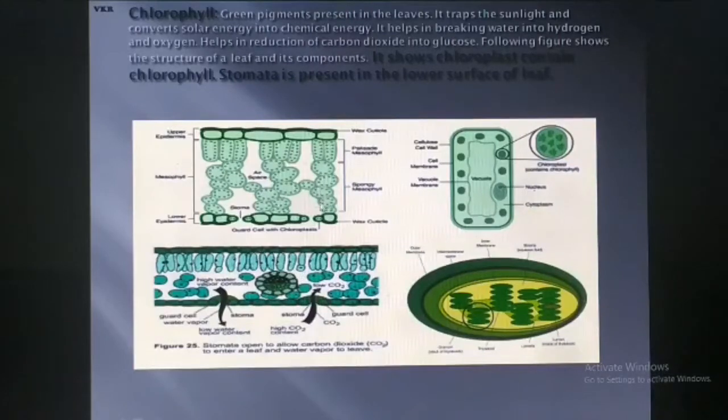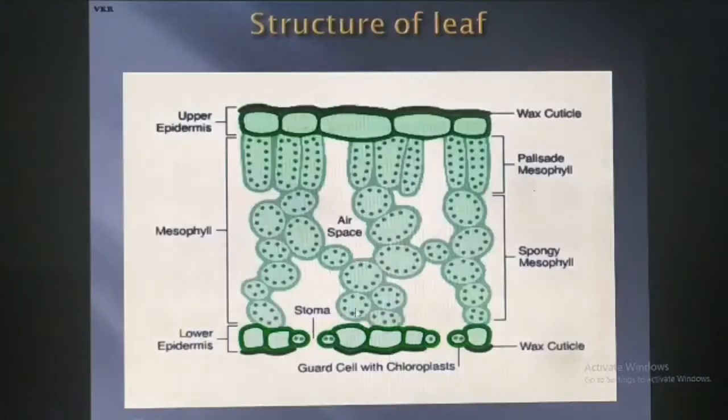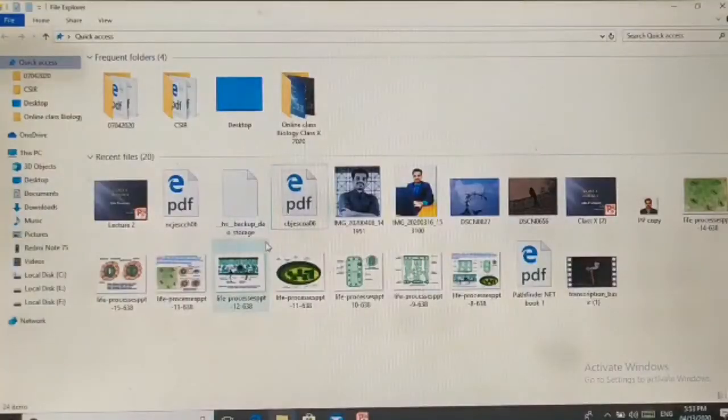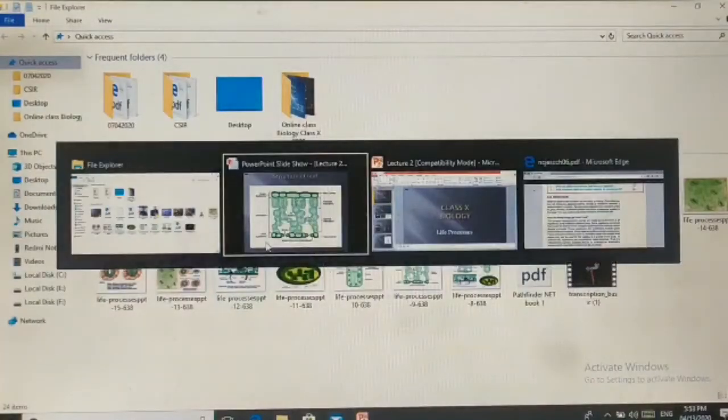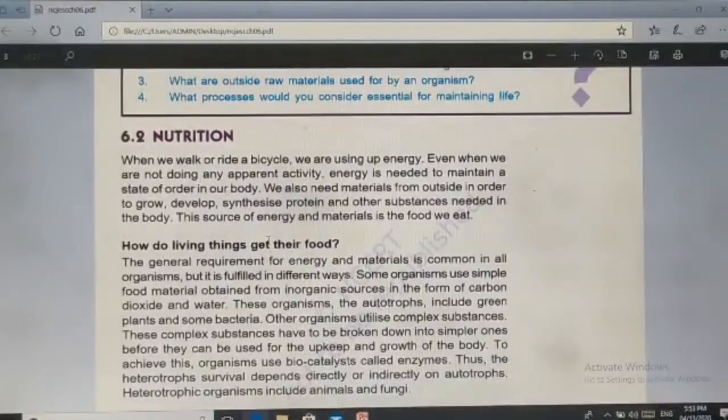You will see, first of all, let's see this picture. If you cut the leaf into the cross section, if you cut a leaf into the transverse section, you will get to know something. What is that?